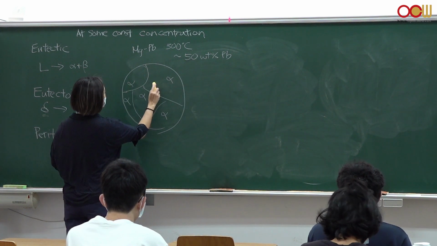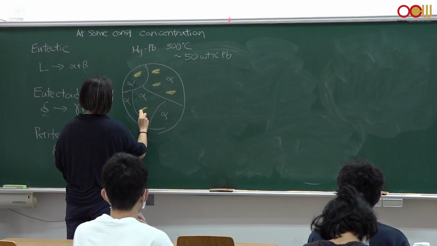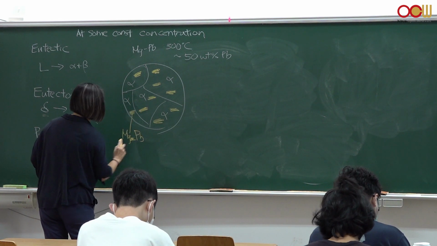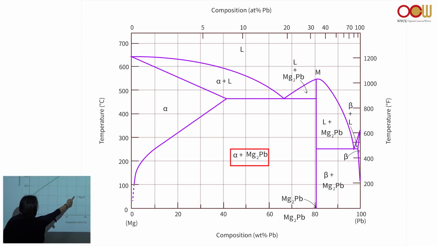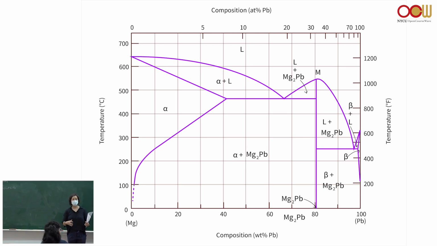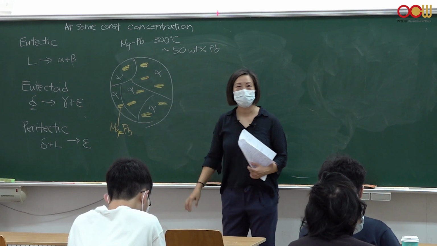And then you might get pieces of magnesium lead embedded within the alpha. And at 50 weight percent, I would expect there to be quite a lot of magnesium lead in my system. More magnesium lead than I would have alpha.